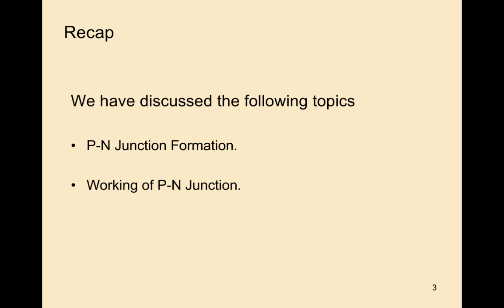In the working, we observed how the electrons move from the n side and how the holes move to the n side, and how the potential barrier is generated, and how the depletion region is created in the PN junction diode. We discussed this in the previous class.